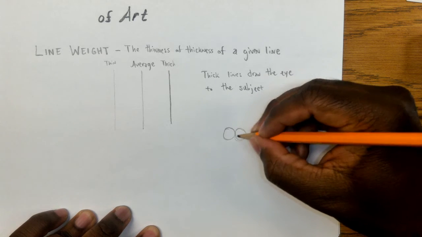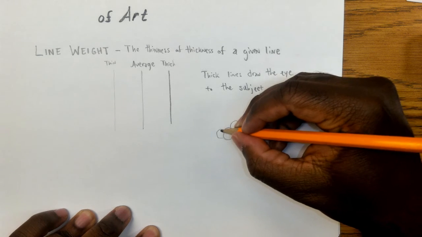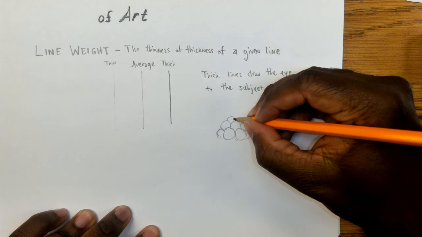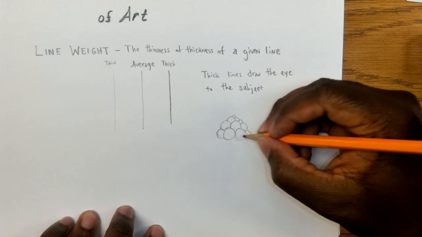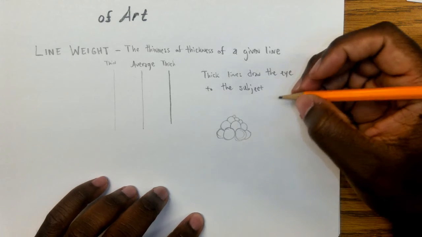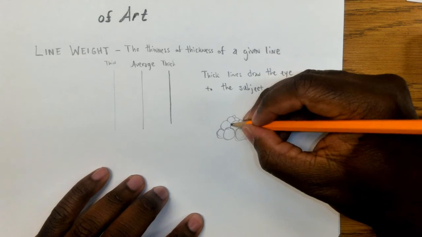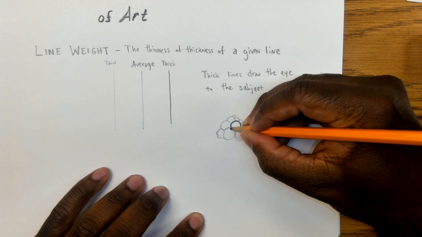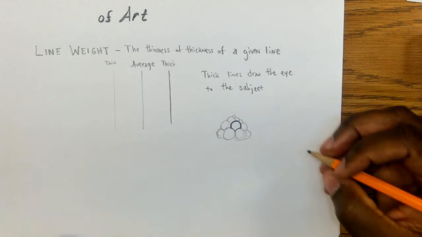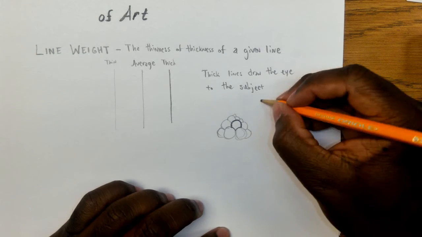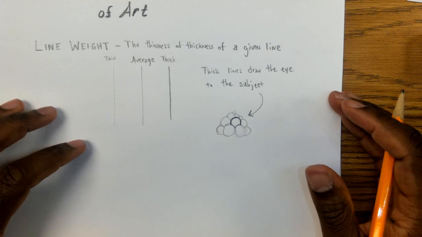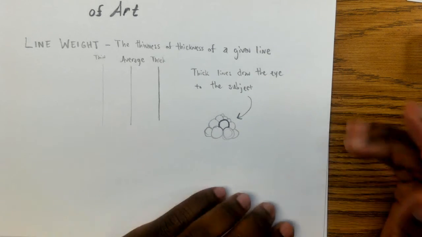So let's say that you have a stack of balls. They all look the same, they're all roughly the same shape, but if I want to draw your eye to a specific one, I just darken this outline. Or I can use it to show distance.